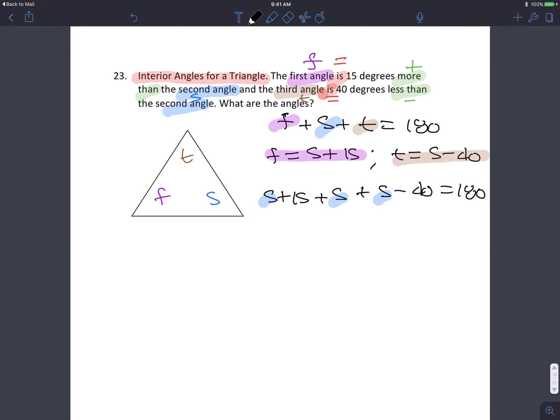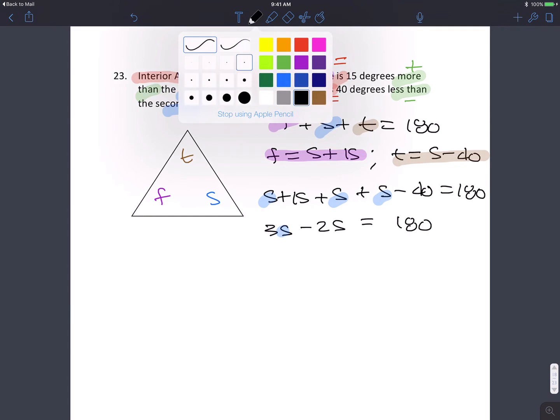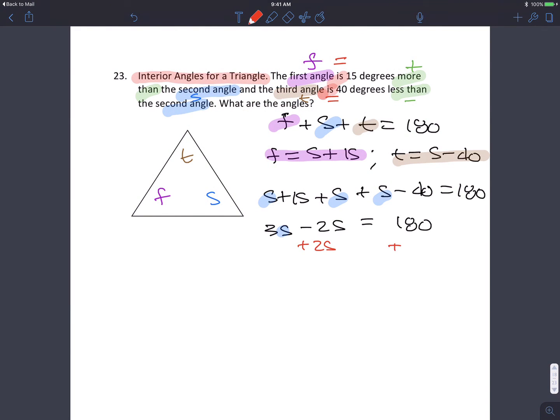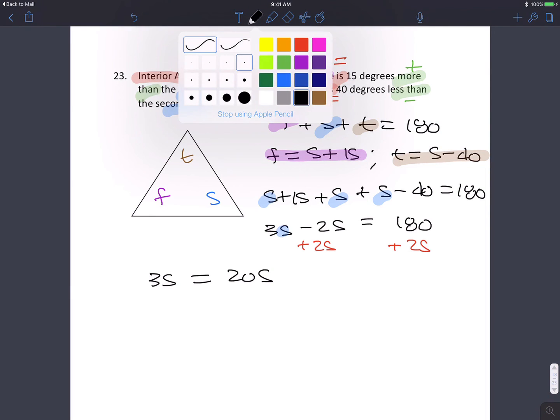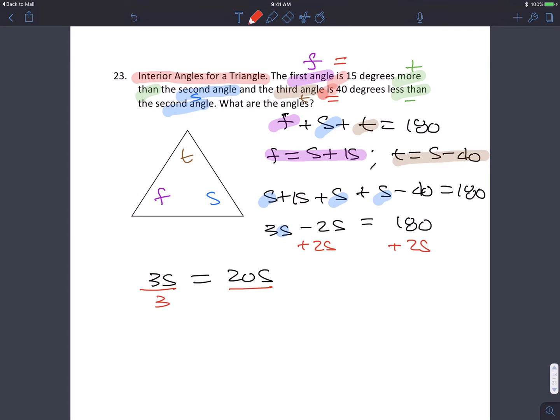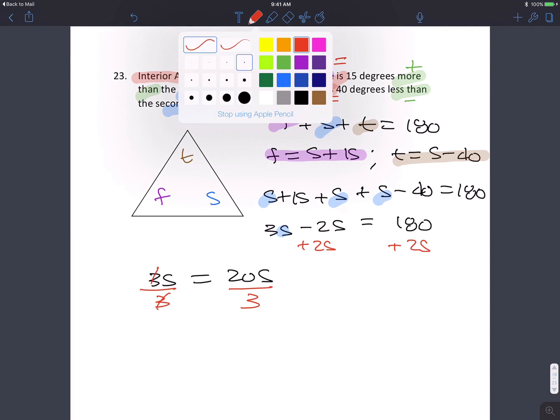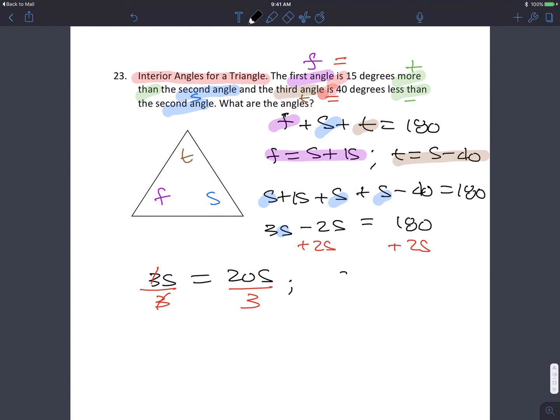So I get 3S. 15 minus 40 is minus 25. That's still 3S, and that should be 180. Let's solve this equation. Add your 25. I get 3S equals 205. Now divide both sides by 3. Got to do some division.